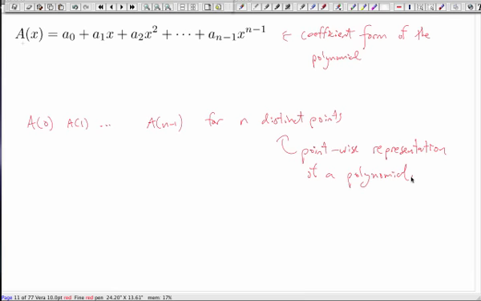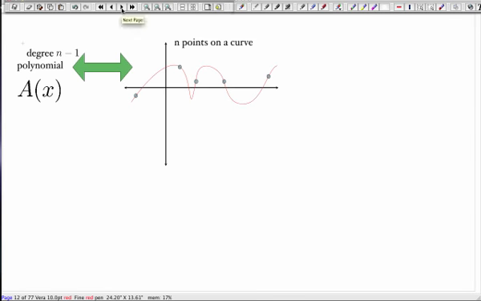Polynomials have coefficient representations and pointwise representations, and that is what the FFT actually does, or the inverse FFT. It takes a polynomial in coefficient form and turns it into its pointwise form. And the inverse FFT takes its pointwise form and turns it into its coefficient representation.